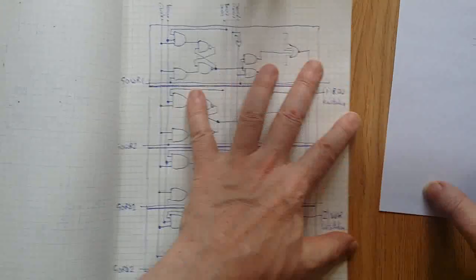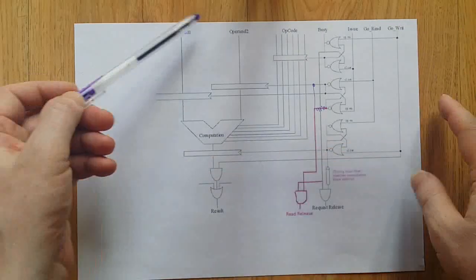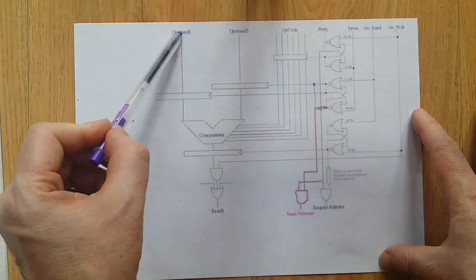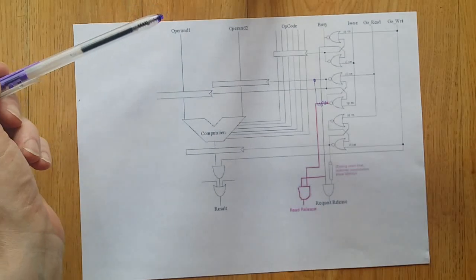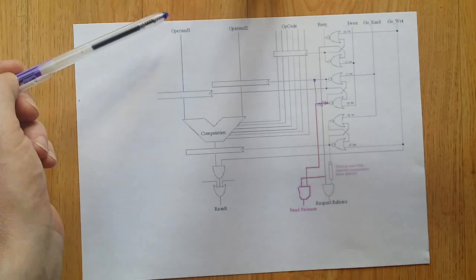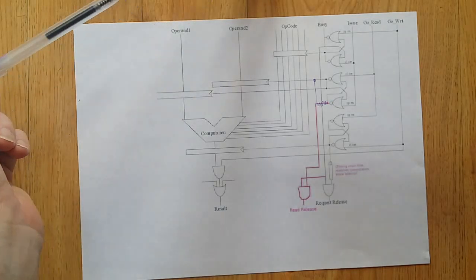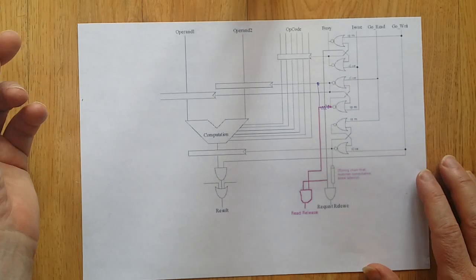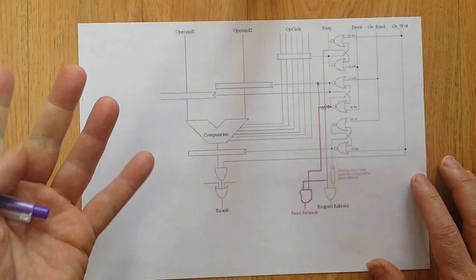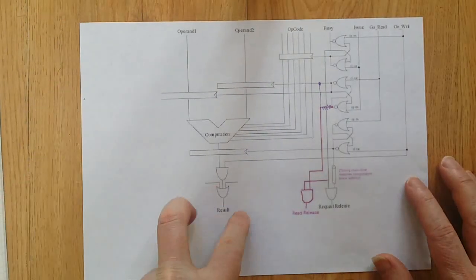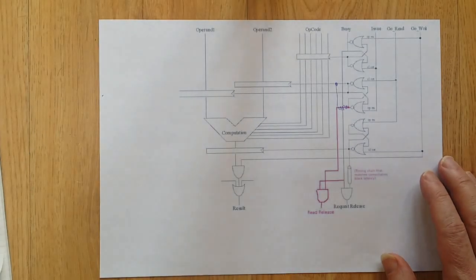So the problem with this is that it assumes that there is only one go read for both operands. Therefore, both read ports on the register file have to be available at the same time. And as we're doing Power 9 architecture, we need three inputs and 2 outputs.